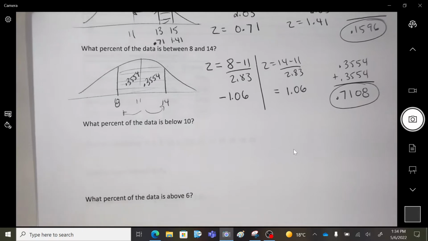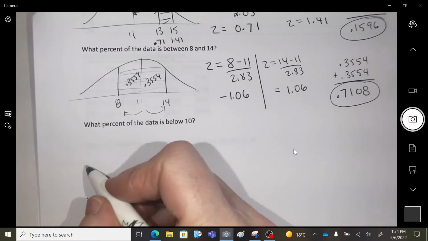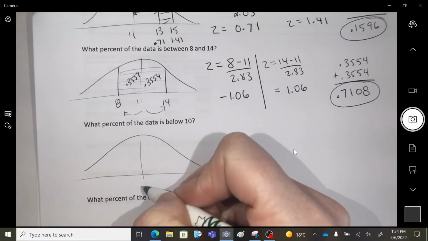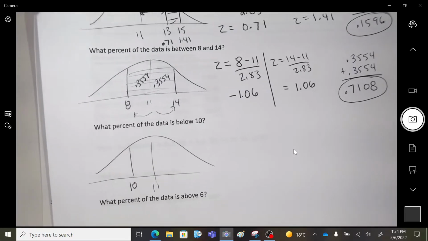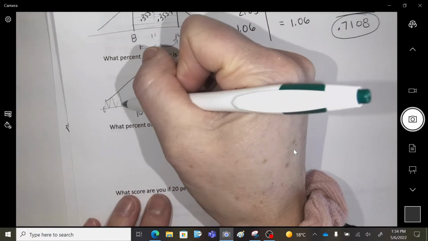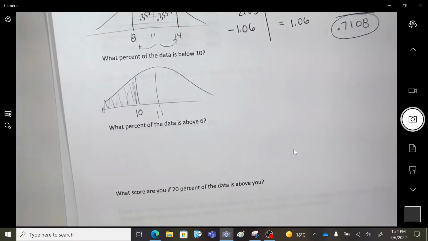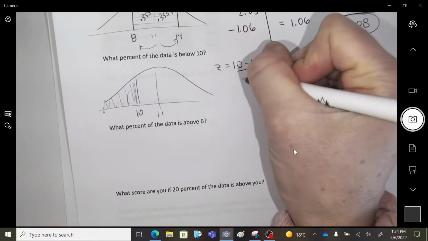Okay. What percent is below 10? So 10 is here, and I want to be below it. Okay, Z score again, because 10 is not a Z score.